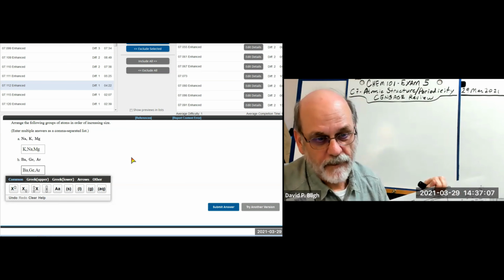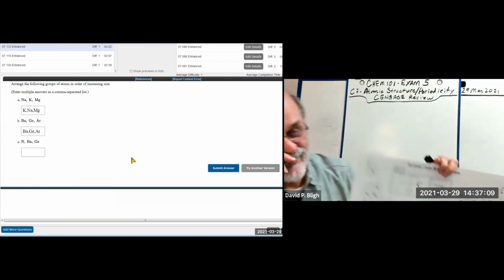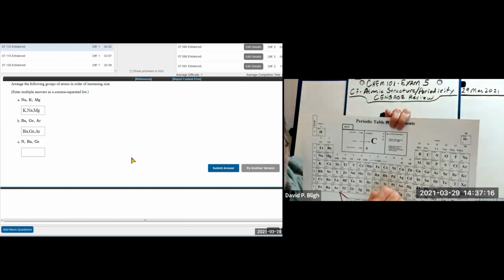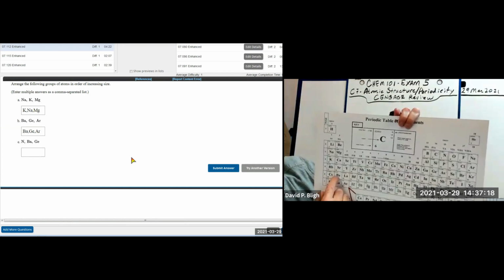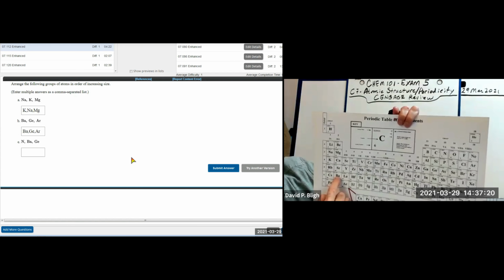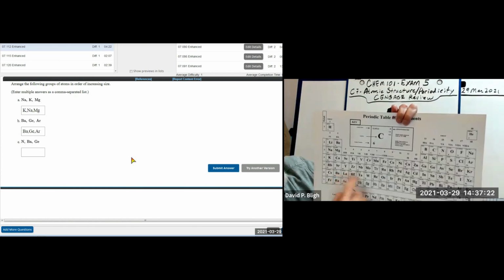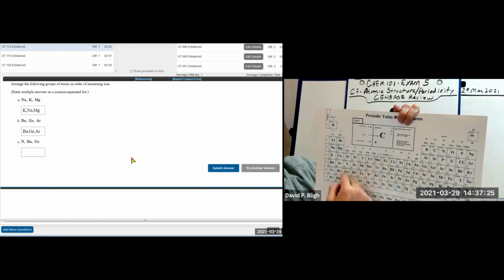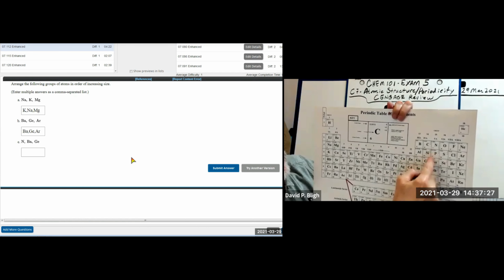There we go. And last, nitrogen's here. Right. There we go. Nitrogen. Barium's way over here, so it's the biggest one. And germanium again. So barium, germanium, nitrogen.